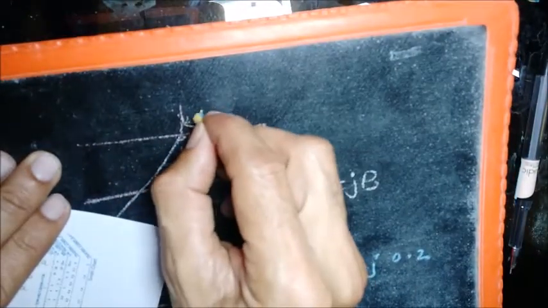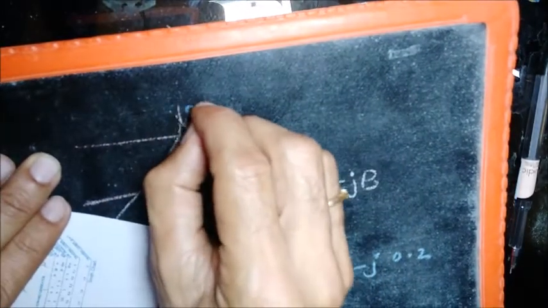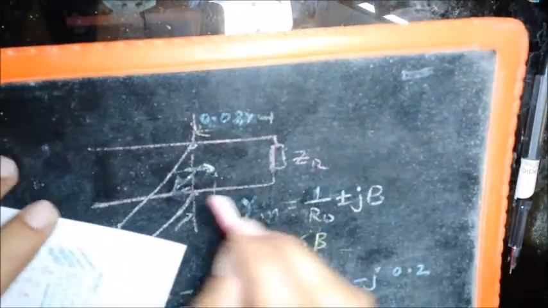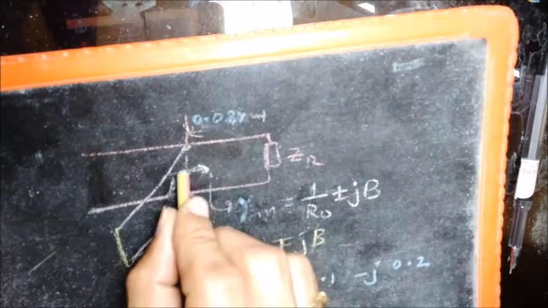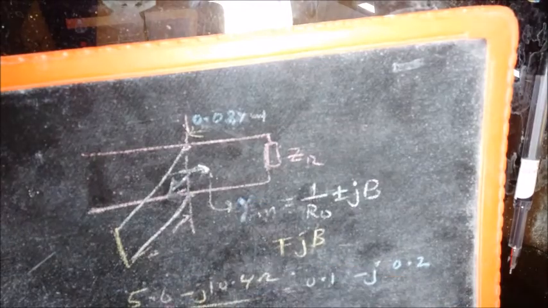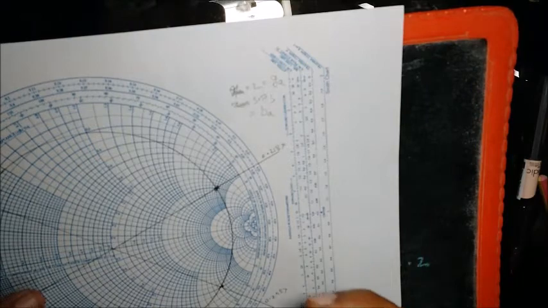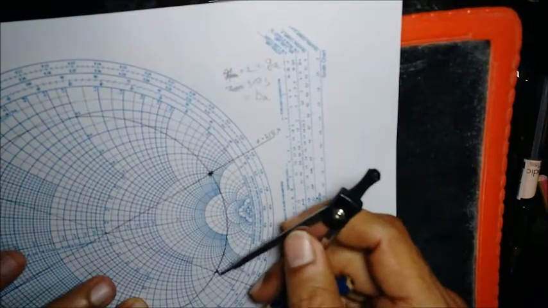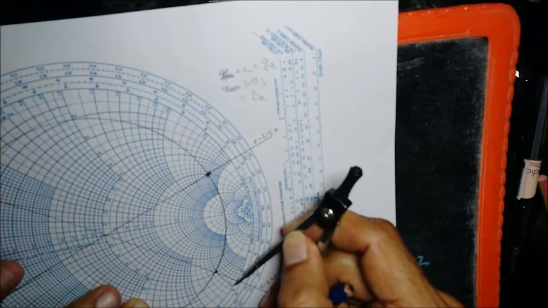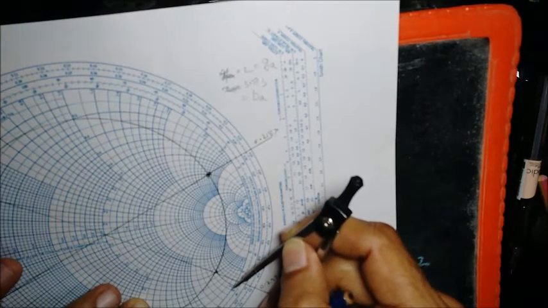0.08 lambda away from the load, and at that point I get the input admittance having a conductive part 1, and the susceptive part I can read from this. It will be between 3 and 2, so that is going to be something like minus 2.8.